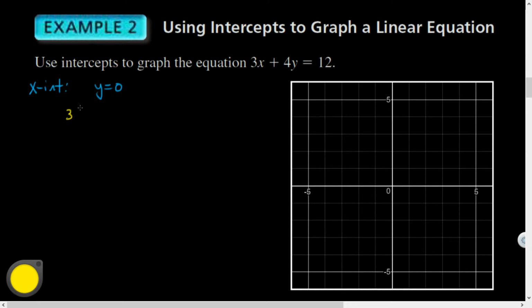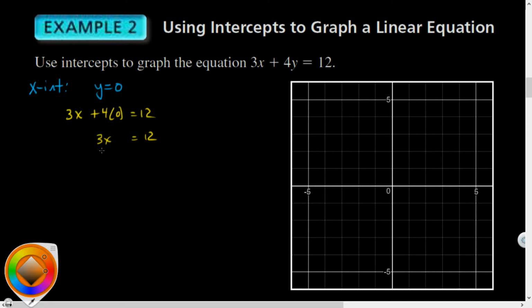So I'm going to have 3 times x plus 4 times 0 equals 12. Now all I have to do is solve for x. 4 times 0 is 0, so that's the same as just 3x equals 12. And I will divide both sides by 3, and I get x equals 4.